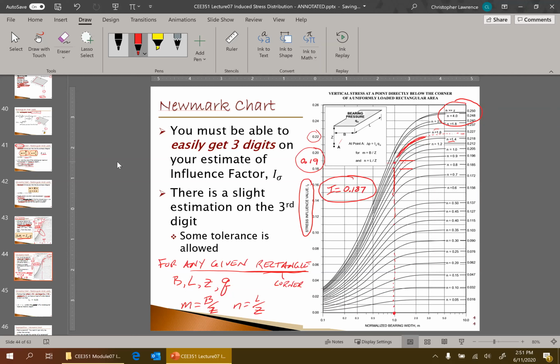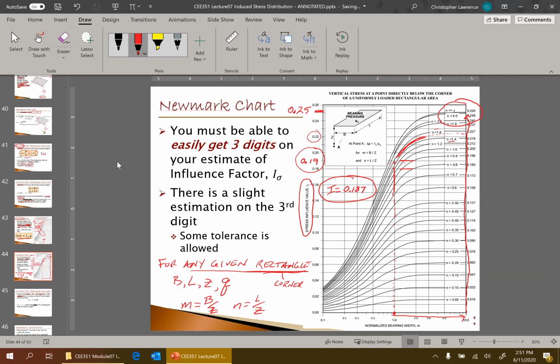So when M is very large, like around 10 or more, and when N is very large, it doesn't take a whole lot, but like it says, greater than 4. When M and N are large, the influence factor maxes out at 0.25. That's the largest possible influence factor.